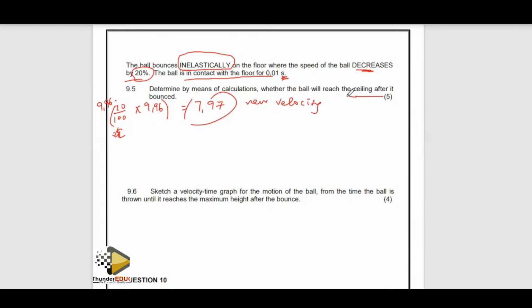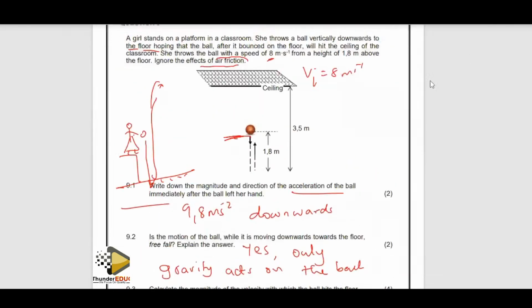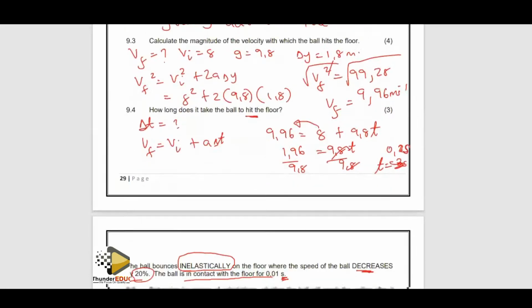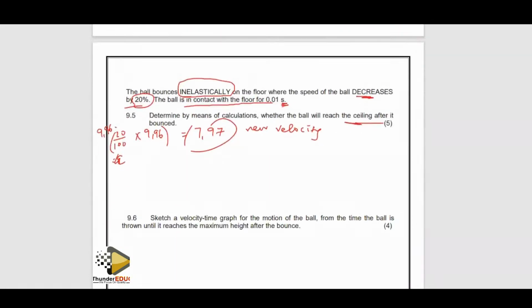Okay, they want us to determine whether it will reach the ceiling. Remember, our ceiling is at which height? 3.5 meters. So we need to find the displacement and see if our displacement is going to be 3.5. Okay, so VF squared is equal to VI squared plus 2 times a delta y.